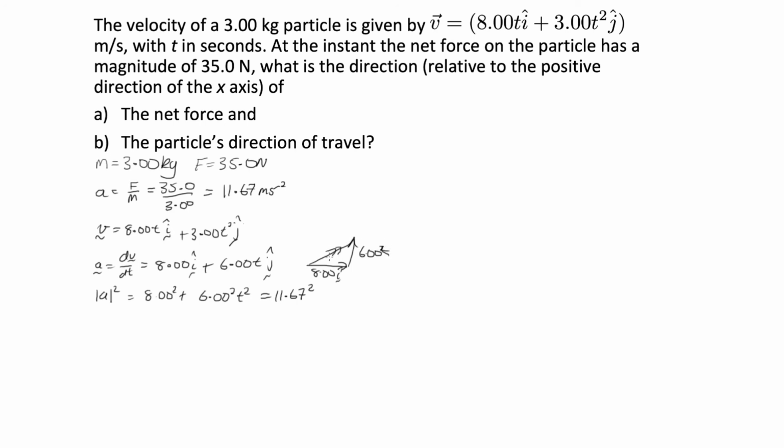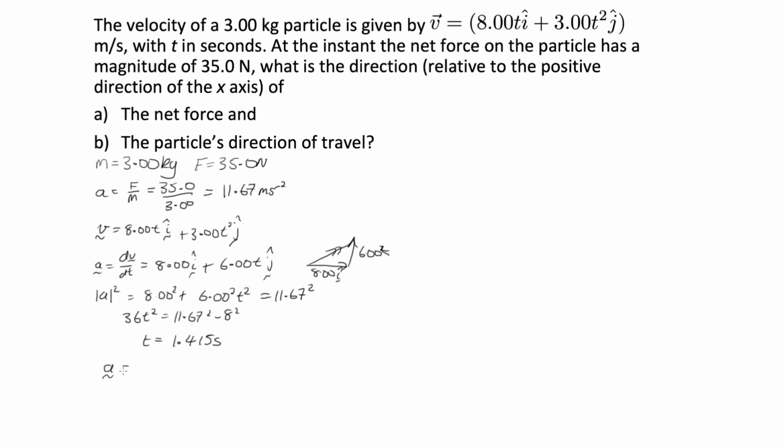So when we're adding them, we add them with Pythagoras' theorem, which is why we get these squareds here. So solving this, we've got 36t squared is equal to 11.67 squared minus 8 squared, and we can solve that for t, and we get t is equal to 1.415 seconds.